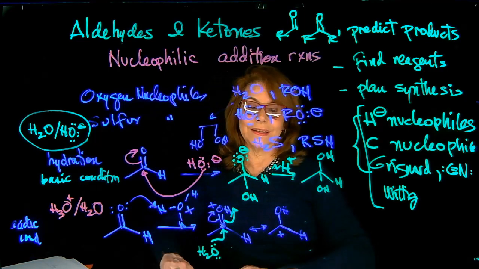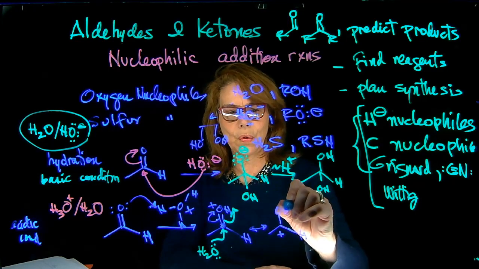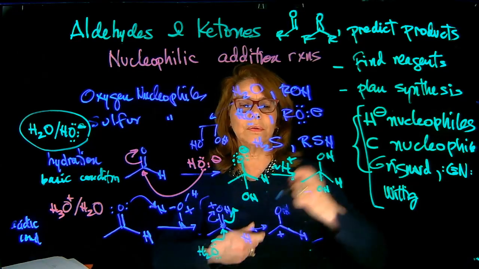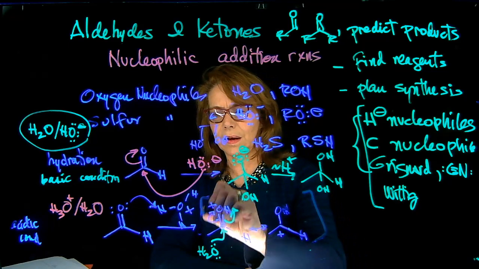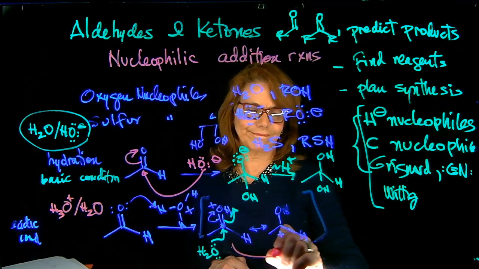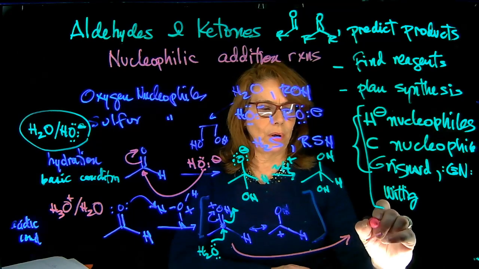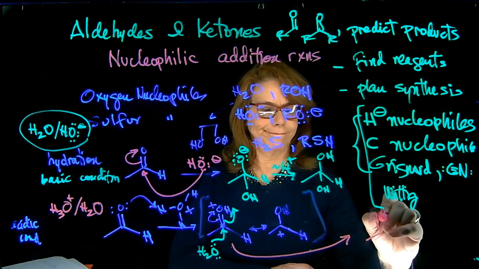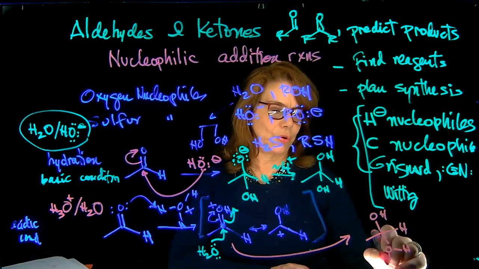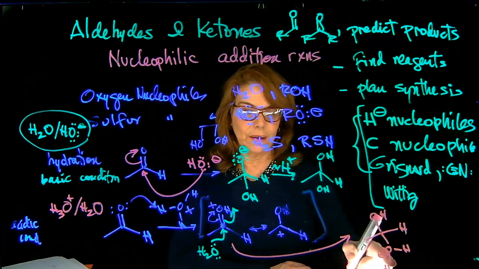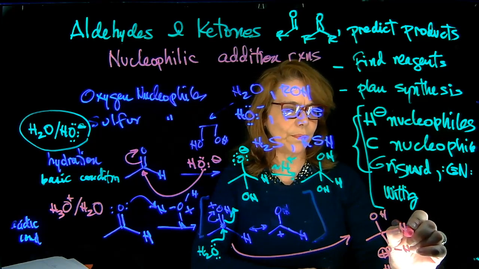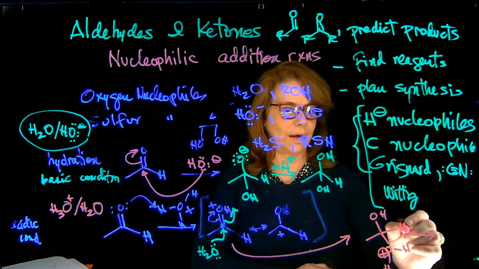Under acidic conditions, these are resonance structures. After you do the nucleophilic attack, let's draw what we form. We will have OH, I'm going to draw H, and now I'm going to have O, water. You will have an extra proton, notice. You had the attack by water, so here you need an extra step to deprotonate that oxygen.